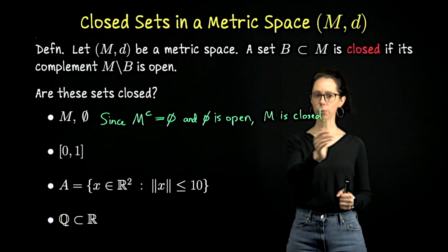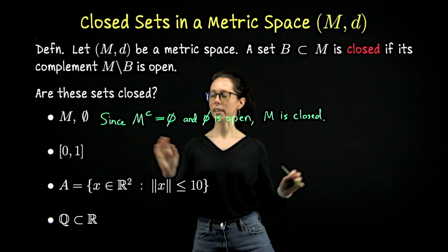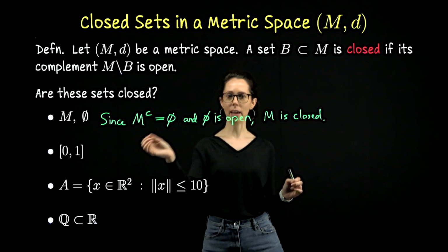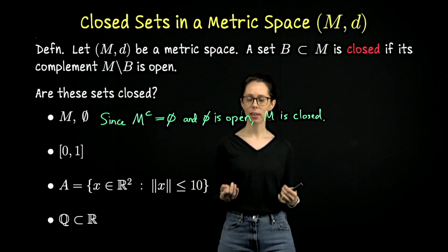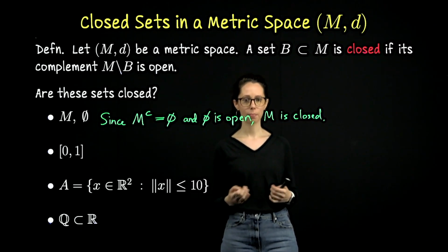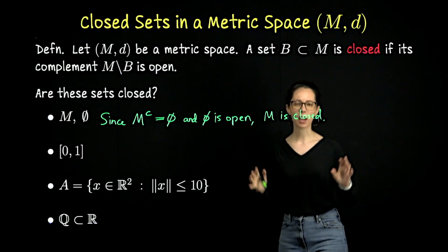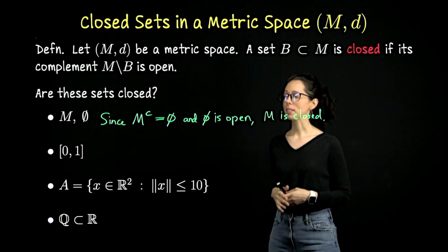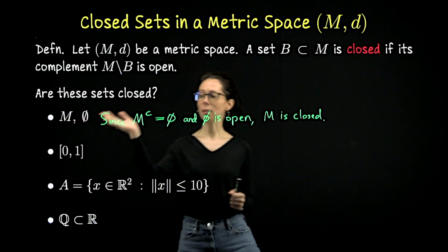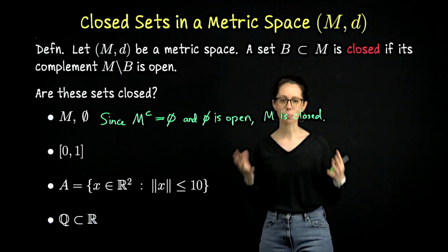Therefore, M is closed. Vice versa, I'll just say it out loud. Since the complement of the empty set is the metric space M, and the metric space M is open, the empty set is closed. I said a moment ago that open and closed are not opposite notions in mathematics. Here we see that because in any metric space, M and the empty set are always both open and closed. So they have both of those properties.